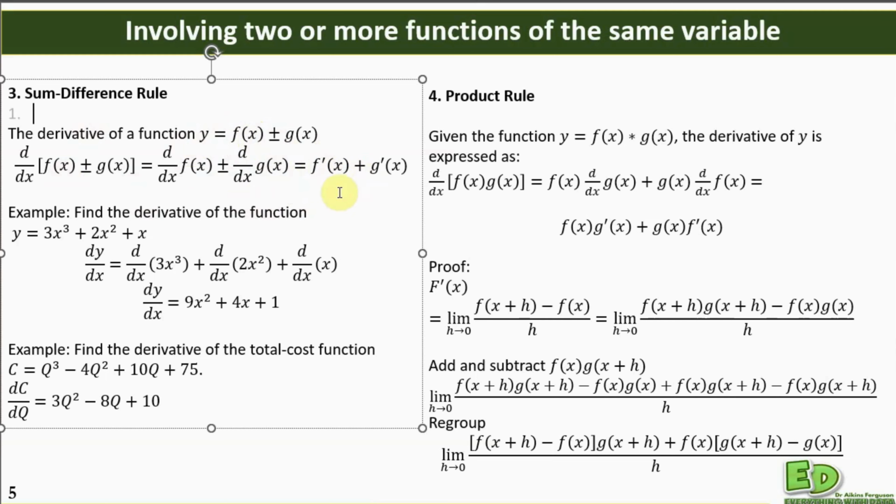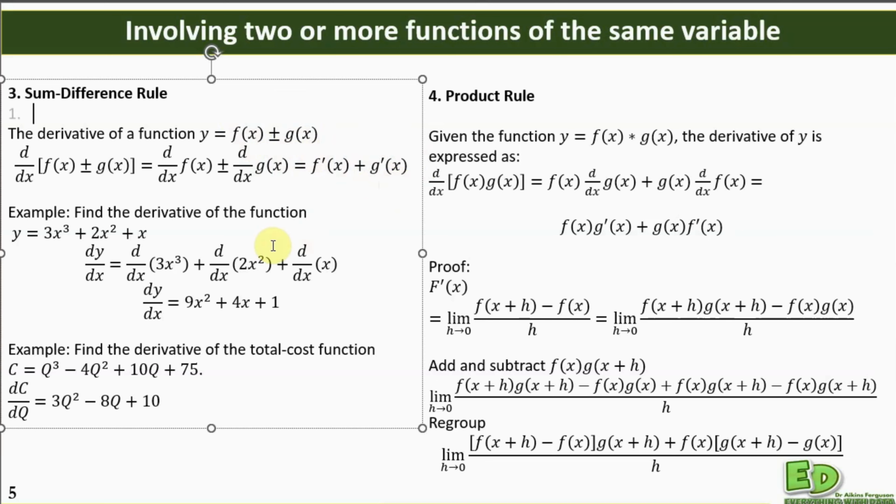If the binary operation separating the two terms is positive or plus, we would say f prime of x, which is the differential of the first term, plus g prime of x, which is also the differential of the second term, g of x. So if you differentiate f of x, you get f prime of x. If the binary operation is plus, you bring it there, and then you differentiate g of x, you have what? You have g prime of x.